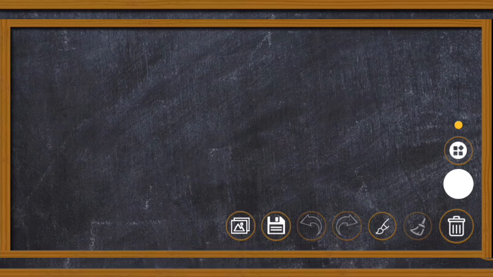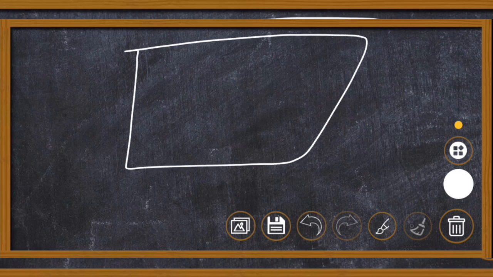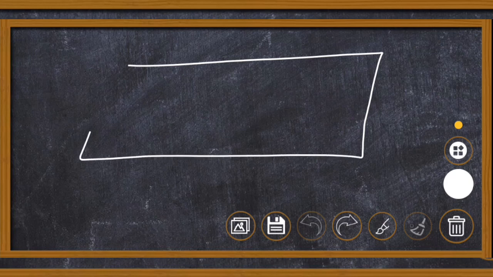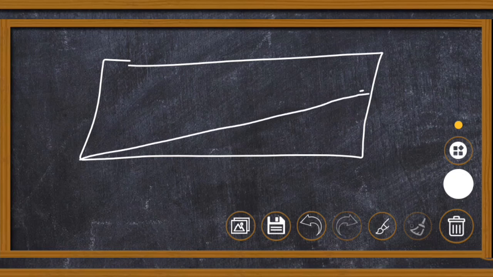So let's look at one last example. Let's say you have this vector here, and then we have A, B, and then we have M, and then N here.